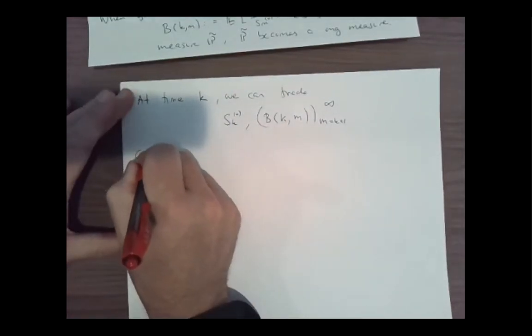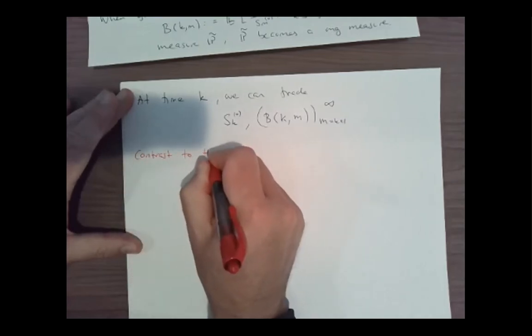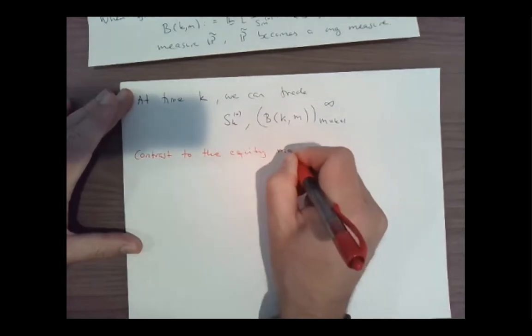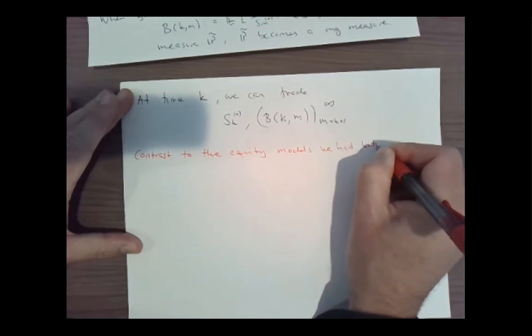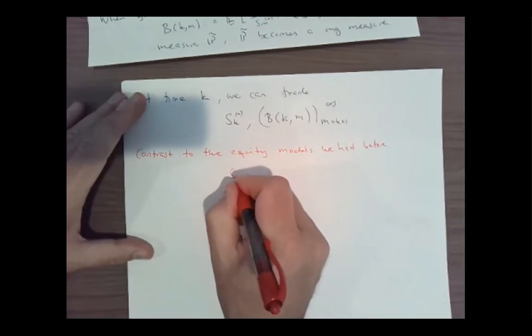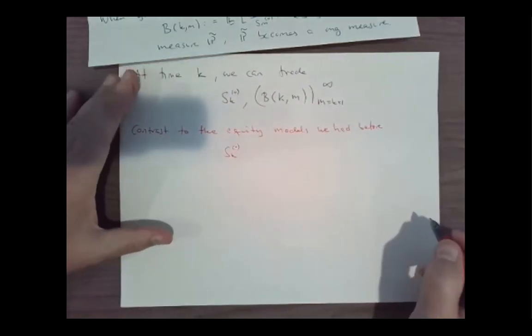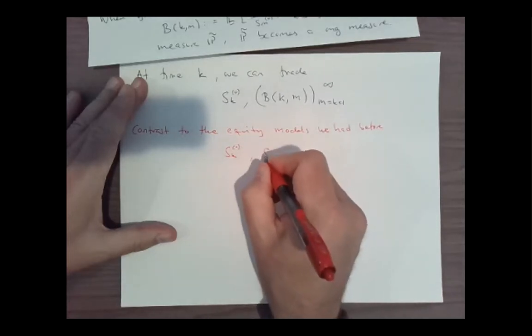So just to contrast this to the equity models we had before, there we could trade the money market account, and we could trade the stock.